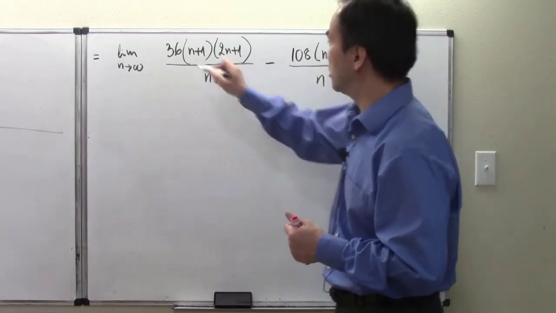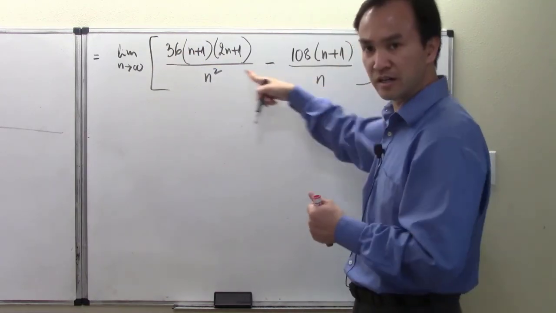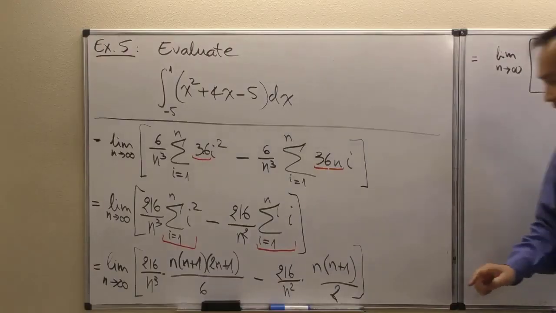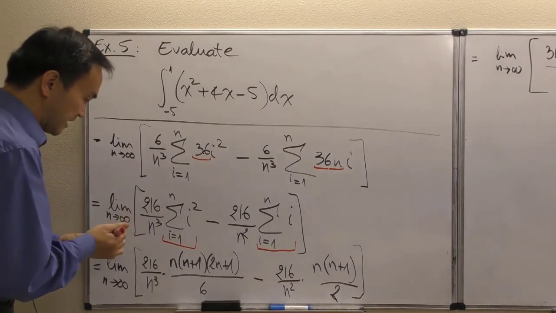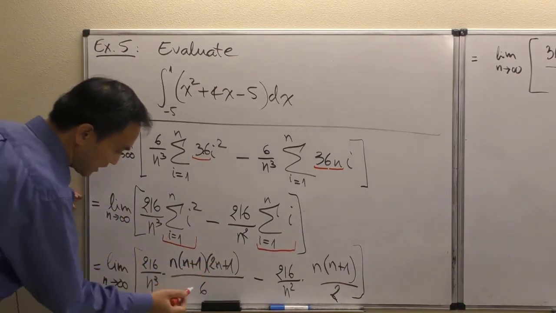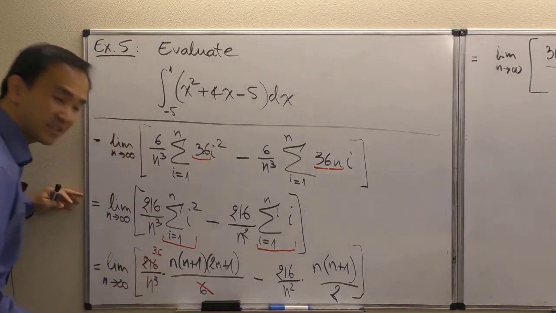And how did I get to these two simplified terms right here? If we look back at this other board from earlier, in the first term in the brackets, 216 cancels with 6 and gives me a factor of 36 that remains.